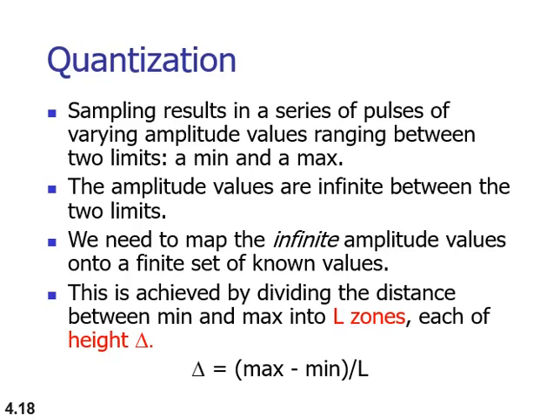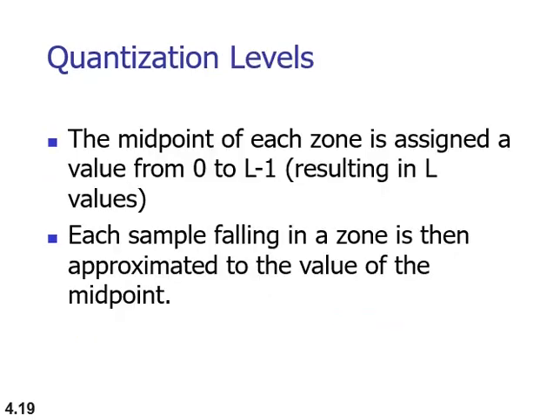When we assign a quantized value from 0 to L minus 1 to the midpoint of each zone, we now approximate the value of this sample amplitude to the quantized value.